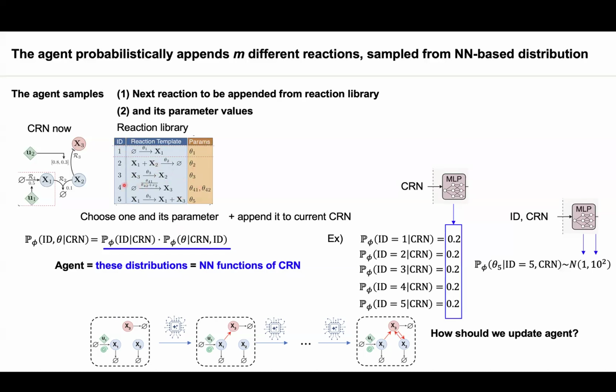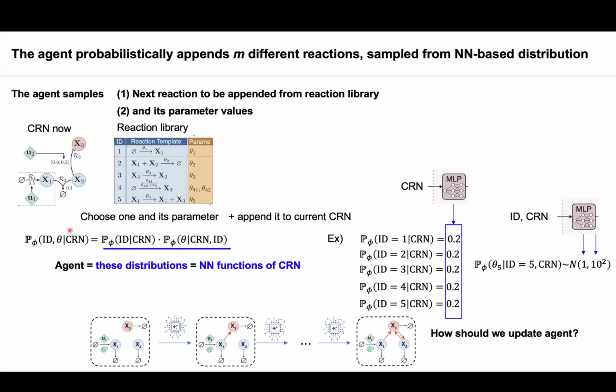So to sample these 2 things, ID and parameter, we need a probability distribution of the ID and zeta. And to form this probability distribution of the ID and zeta, we will use the neural network.